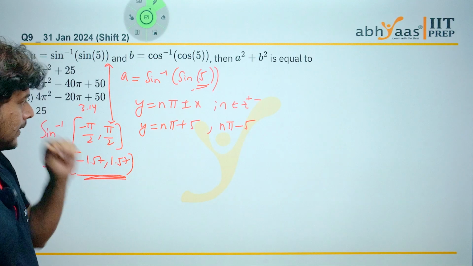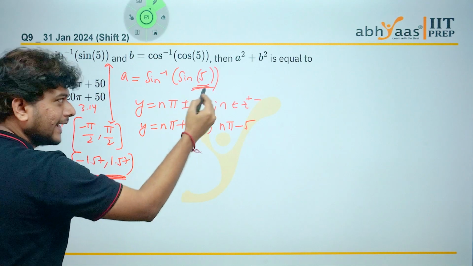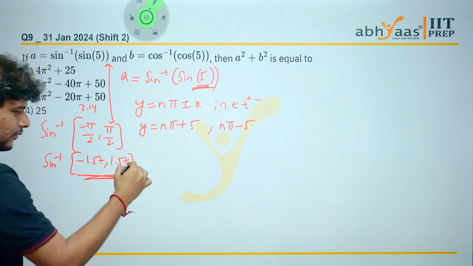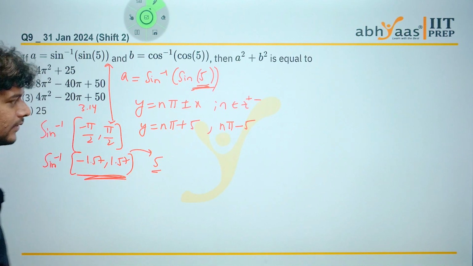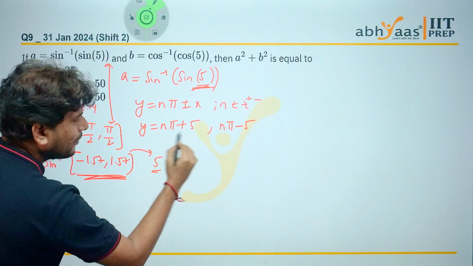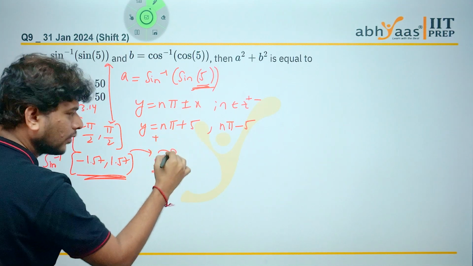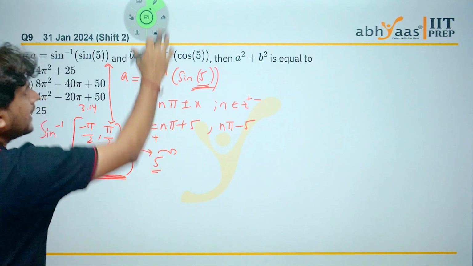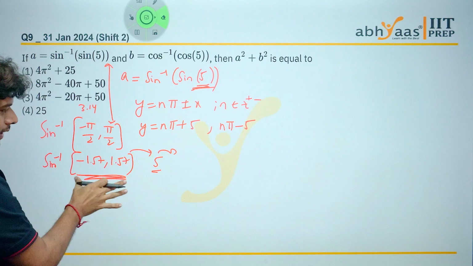Okay. Now think, we have already exceeded this value and are at 5. So if we are taking n pi plus 5 and we are giving positive values, we will be exceeding more. So we have to give minus values here to come back here.